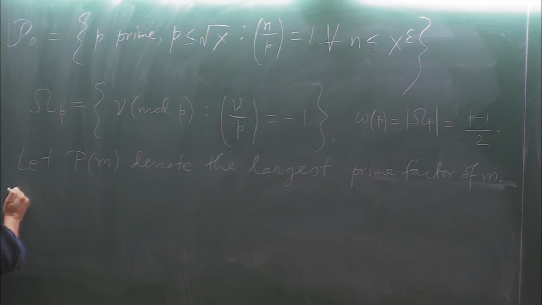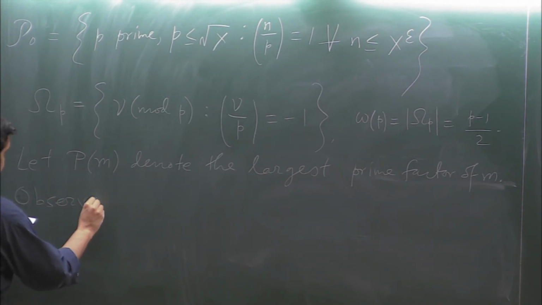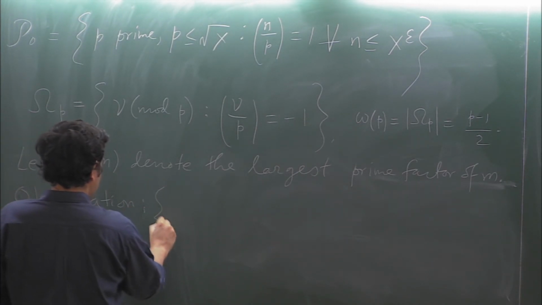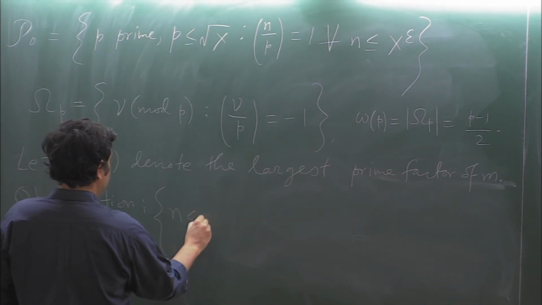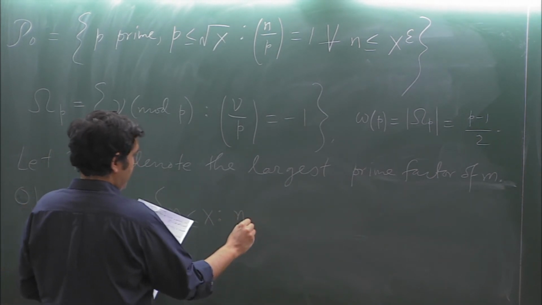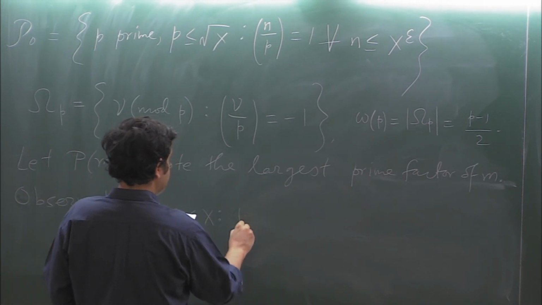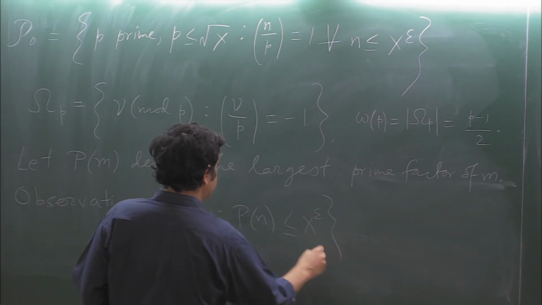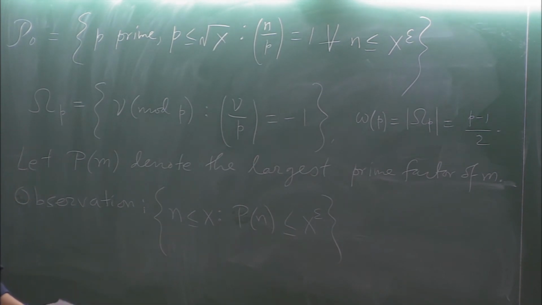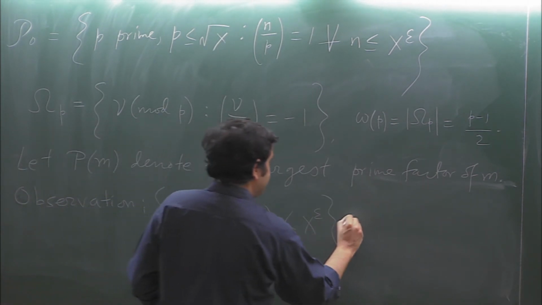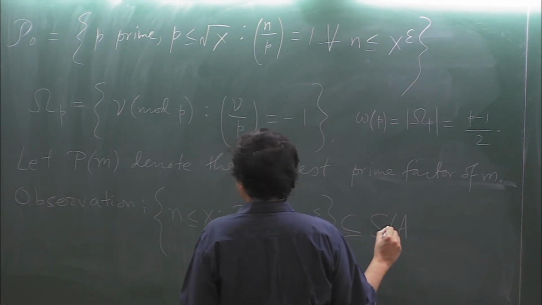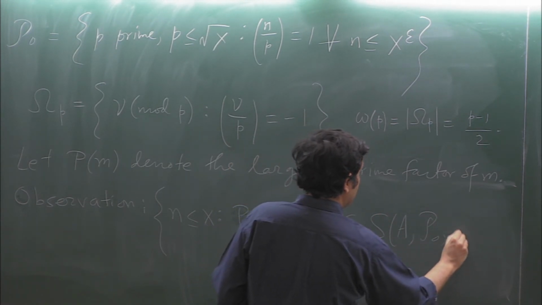So then the main observation is the following. Integers n up to x such that P of n is less than or equal to x to the epsilon, such numbers are called x to the epsilon smooth integers, form a subset of S(A, P naught, omega).